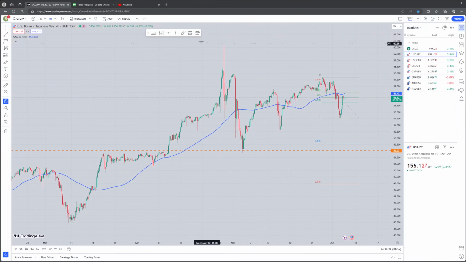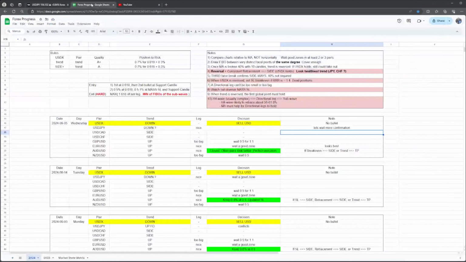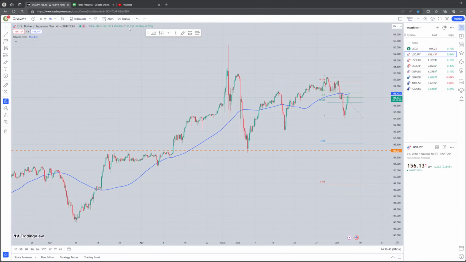Also, it's possible that this up and down movement could continue. The market may be doing sideways action like this. So it's all about probability, and we never know for sure. We just have to follow our system and make sure that this is really a downtrend reversal.